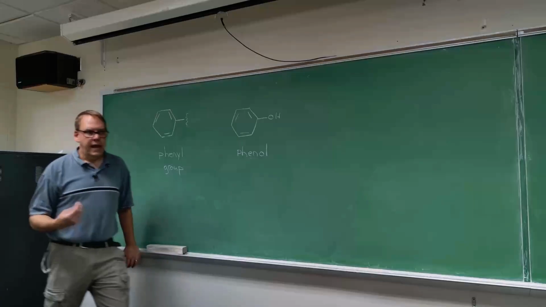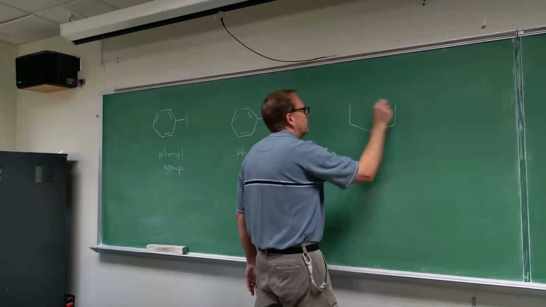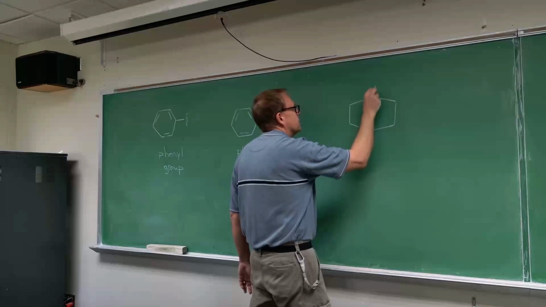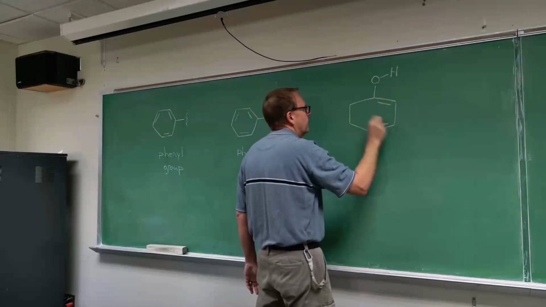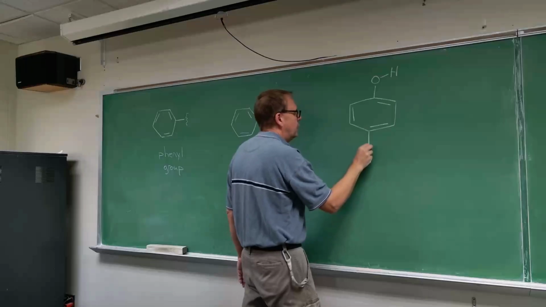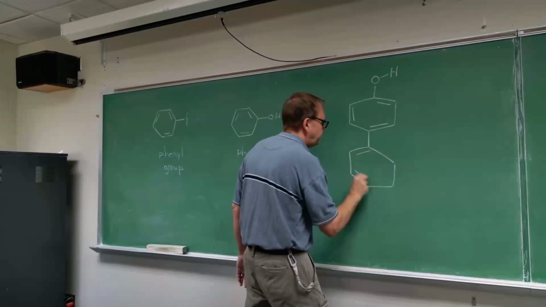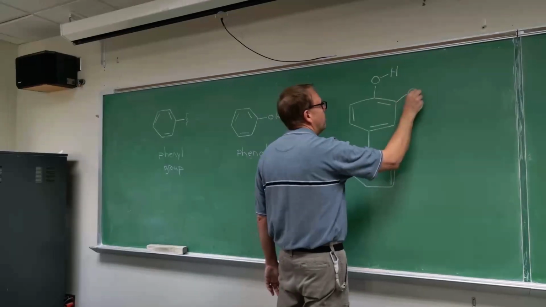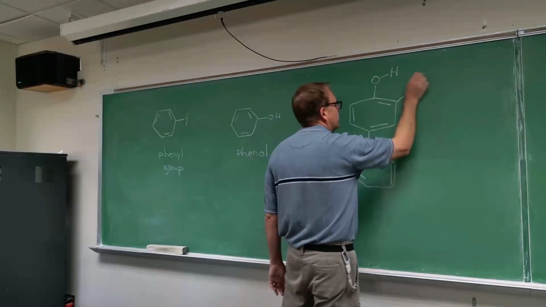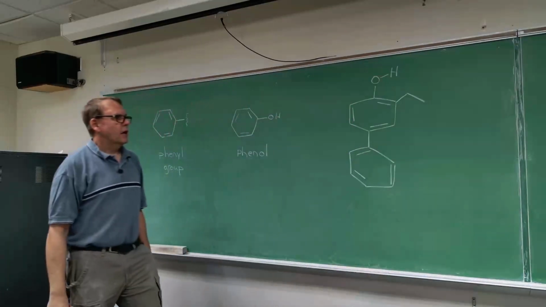And so you can name a molecule like this, and here is an example of a molecule that's got a phenyl group on it, but also has a phenol. I'm not going to use a methyl because with methyl you have to worry about whether it's a toluene or a phenol.